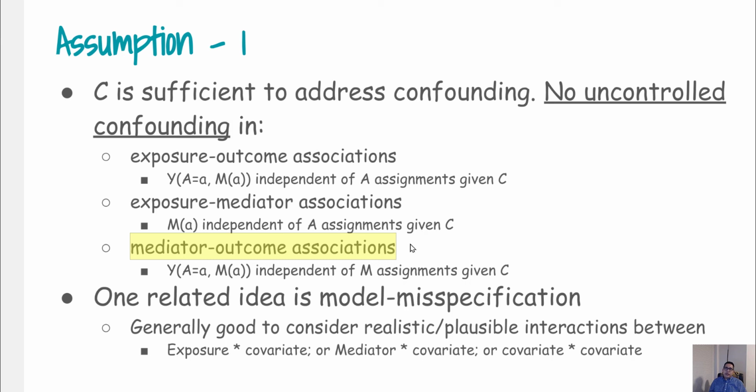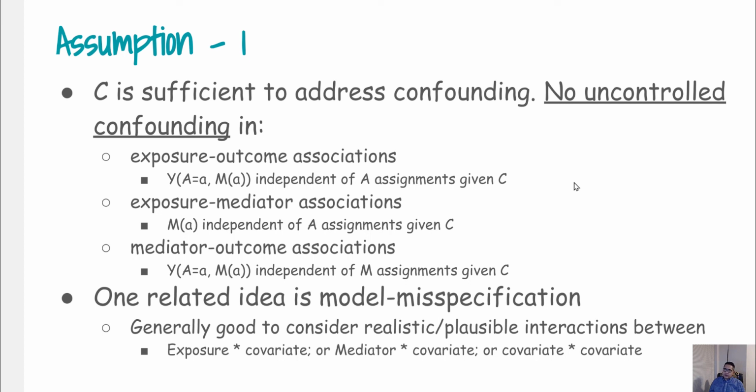So in that case, you will see that you do not only have to think about the exposure outcome association being confounded, you also need to think about exposure mediator association being confounded, and mediator outcome association being confounded. So justifying no unmeasured confounder in this context is much harder than a regular regression analysis or a propensity score analysis.